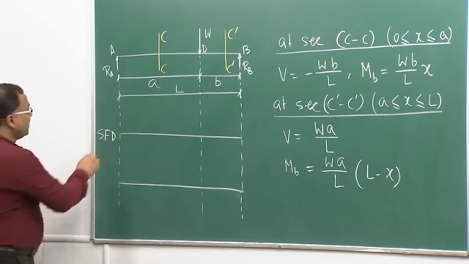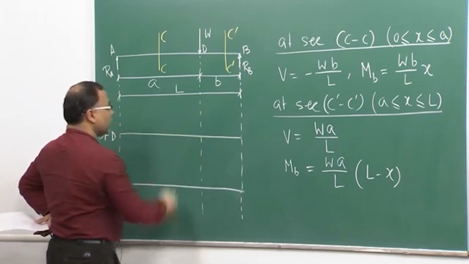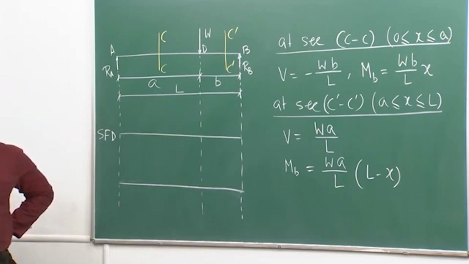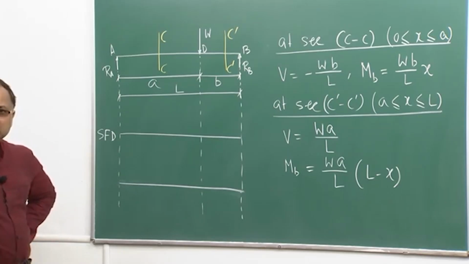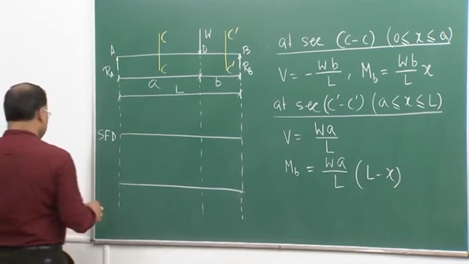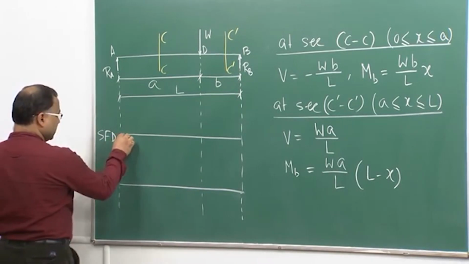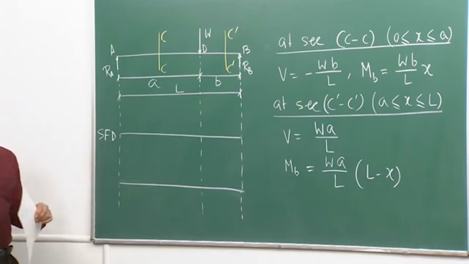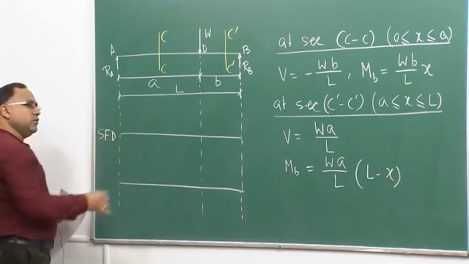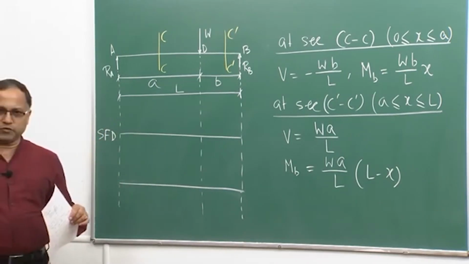So, from this point to this point, what is the value of your shear force? That is given by minus Wb by L, constant, right. So, if this is my baseline, below the baseline it will be negative, that is the convention I am using, and above the baseline whatever we plot is positive.